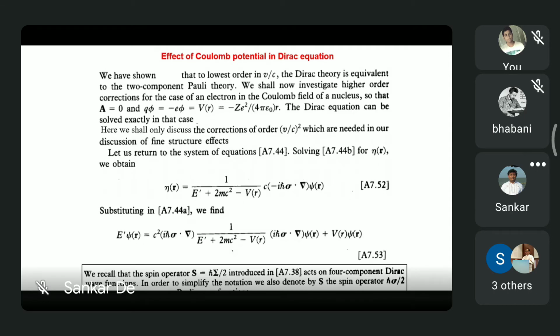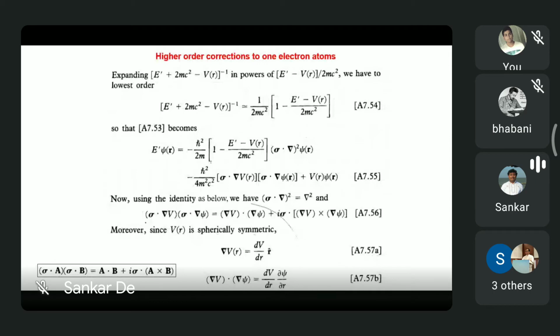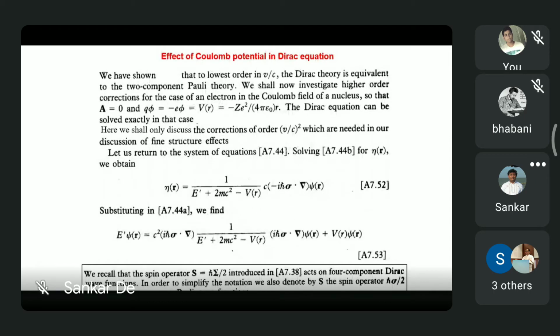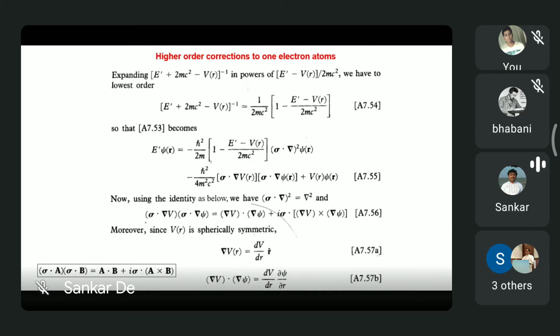In 7.53, just this term, 1 by E dash plus 2mc square minus Vr, is replaced by 1 by 2mc square times 1 minus E dash minus Vr by 2mc square, and the rest will remain like that. Sir, one second.